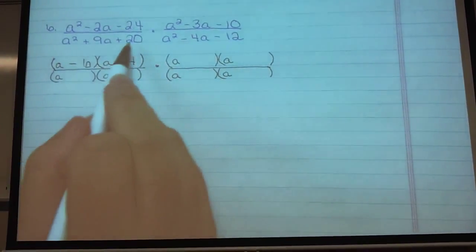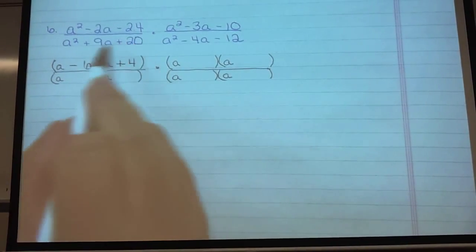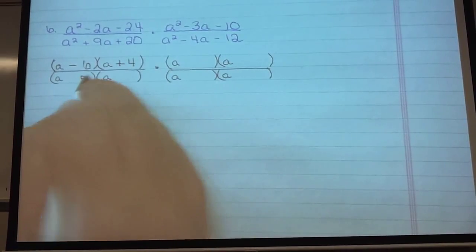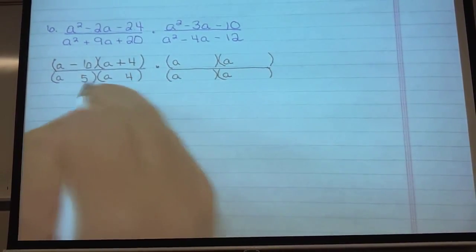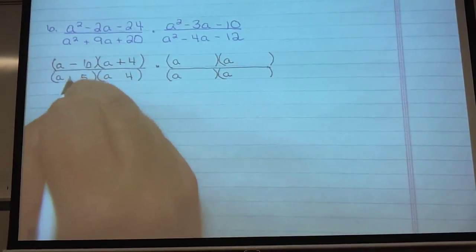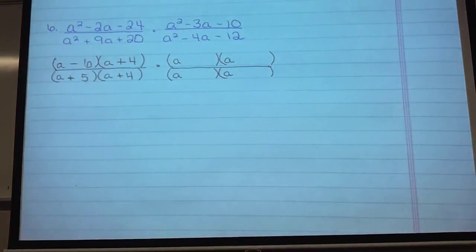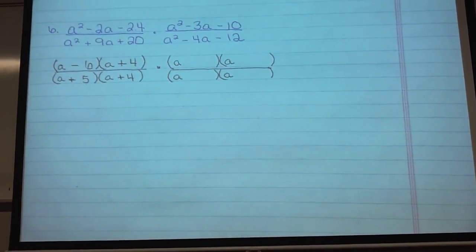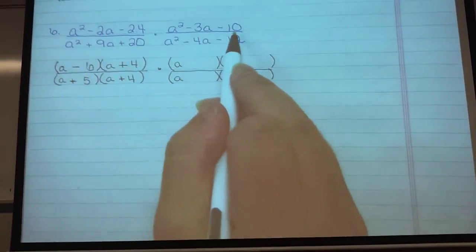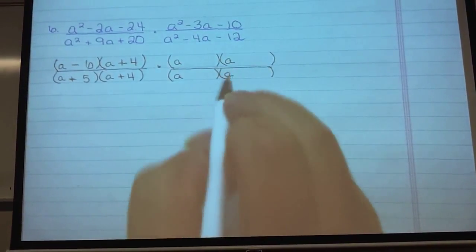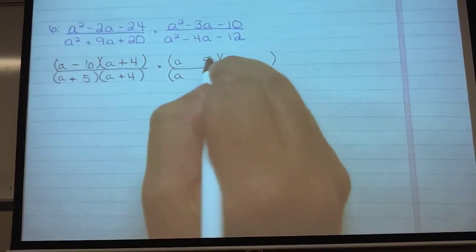Then the second one, numbers that multiply to 20 but give you 9: 5 and 4. We have to add them this time, so they both need to be positive to get that positive 9. Oh, I already see something that cancels. The third one, numbers that multiply to 10 but give you 3: 5 and 2.